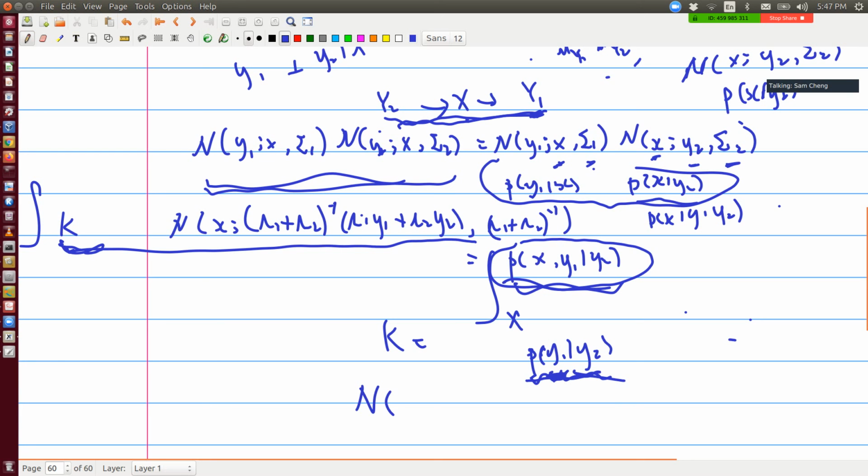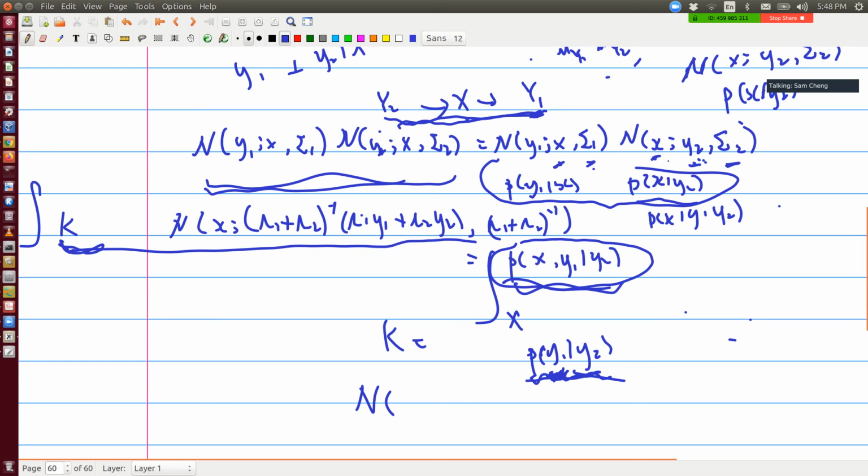So for y1, given y2, the mean should be just y2, right? Because the mean for this distribution of y1 given y2 will be simply equal to y2.